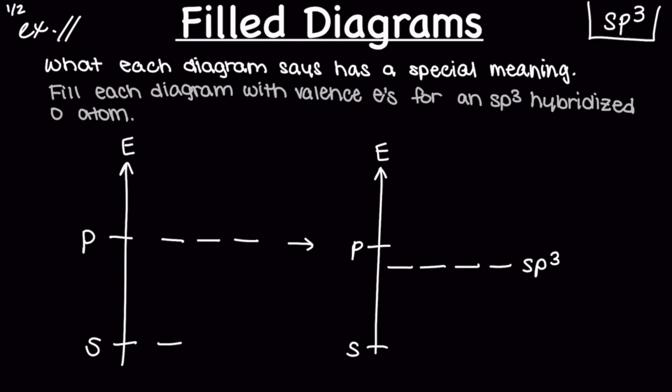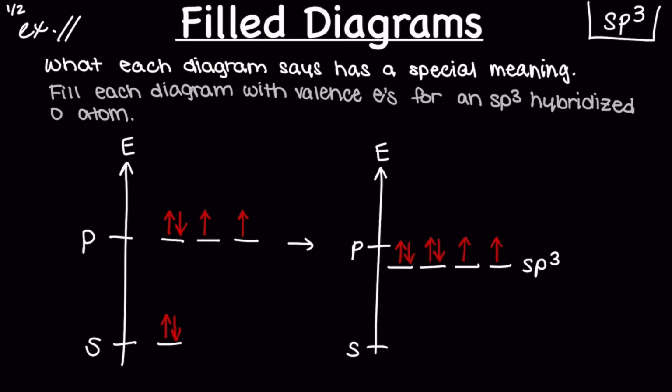Finally, what we can do from here is fill the diagrams with the valence electrons found in the oxygen atom. And for a fun fact, oxygen and everything below it in the periodic table in that same column as oxygen all has 6 valence electrons. So we will fill in those 6 valence electrons, starting with our atomic model, and then in our hybrid model. Of course, following Hund's rule.